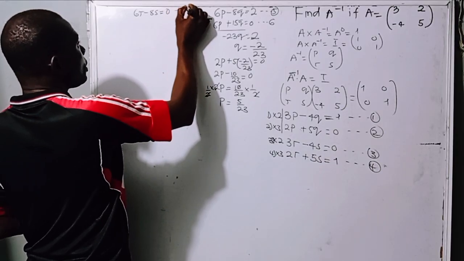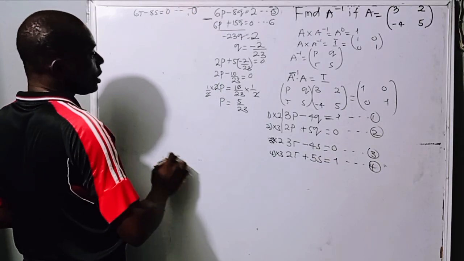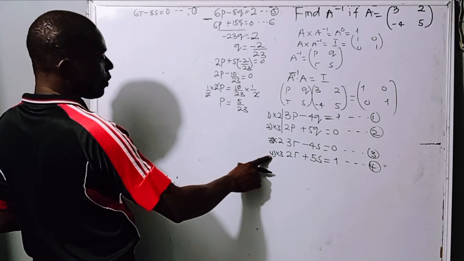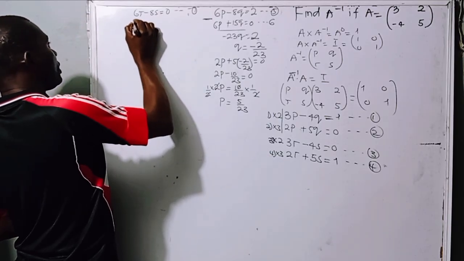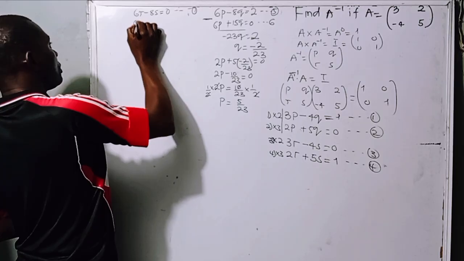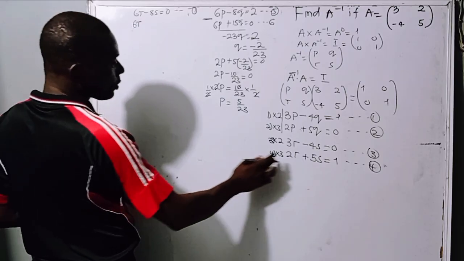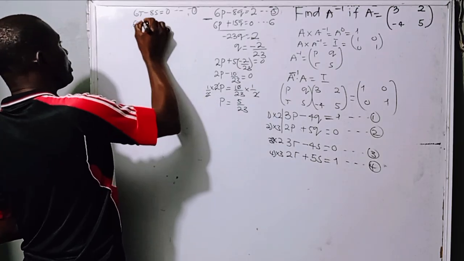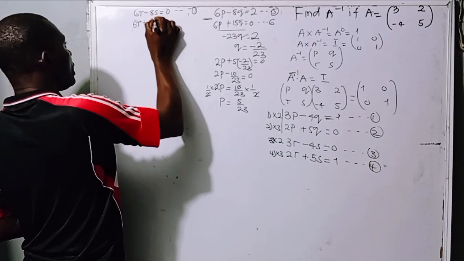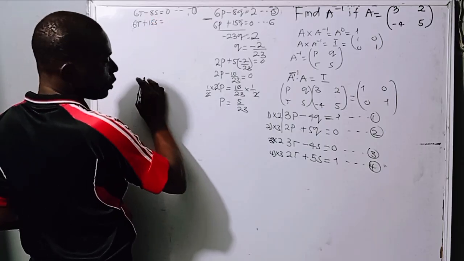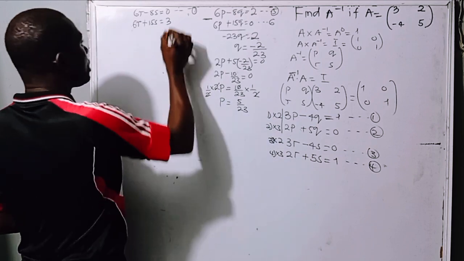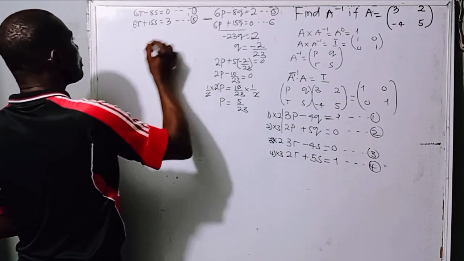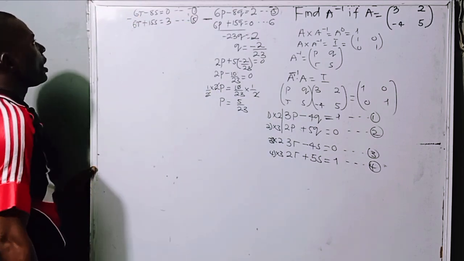Then equation 4, we said to multiply by 3. This will give 6r plus 15x is equal to 3, because 3 multiplied by 1 is 3. This gives equation 8. So let's eliminate r.